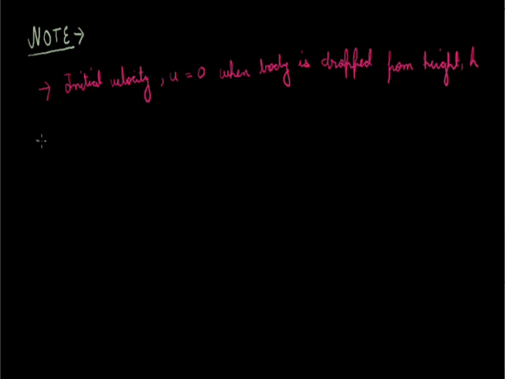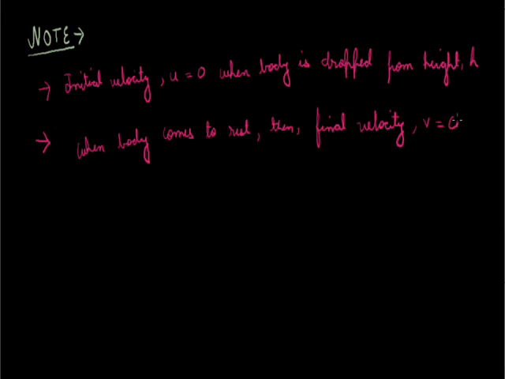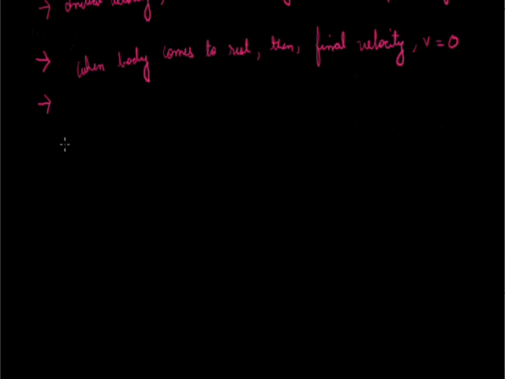Second assumption, when it is said that the body comes to rest, it implies that the final velocity, that is v, is equal to 0. And the third and last assumption is that whenever a body is moving with constant velocity, then acceleration is taken as 0.